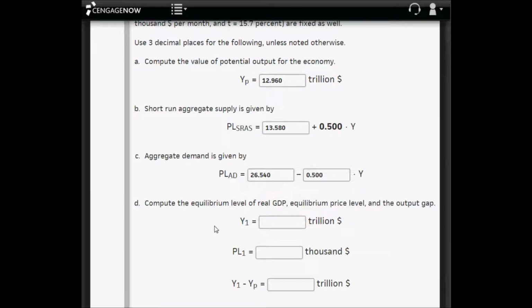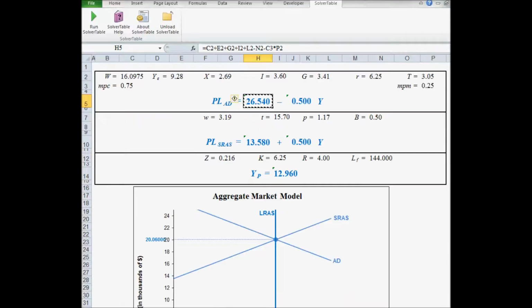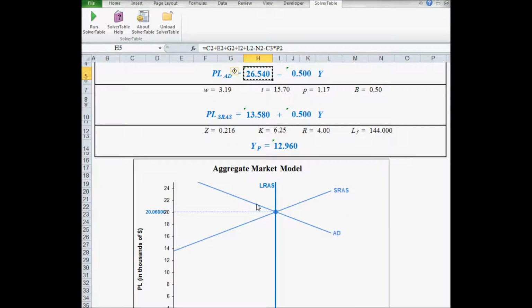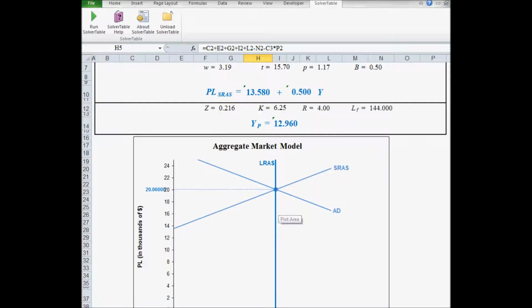The next part, we have to compute the equilibrium level of real GDP, equilibrium price level, and the output gap. The initial GDP level is determined by the intersection of aggregate demand and short-run aggregate supply. And it just so happens that they intersect at the long-run aggregate supply curve.